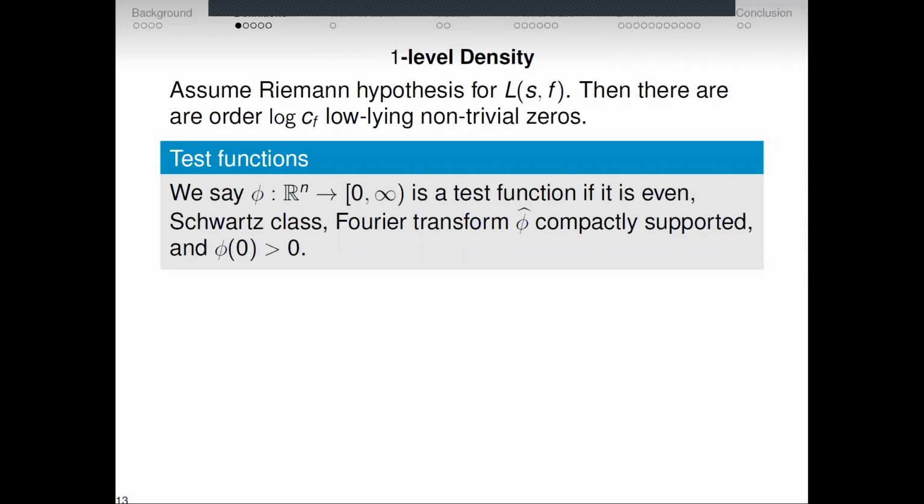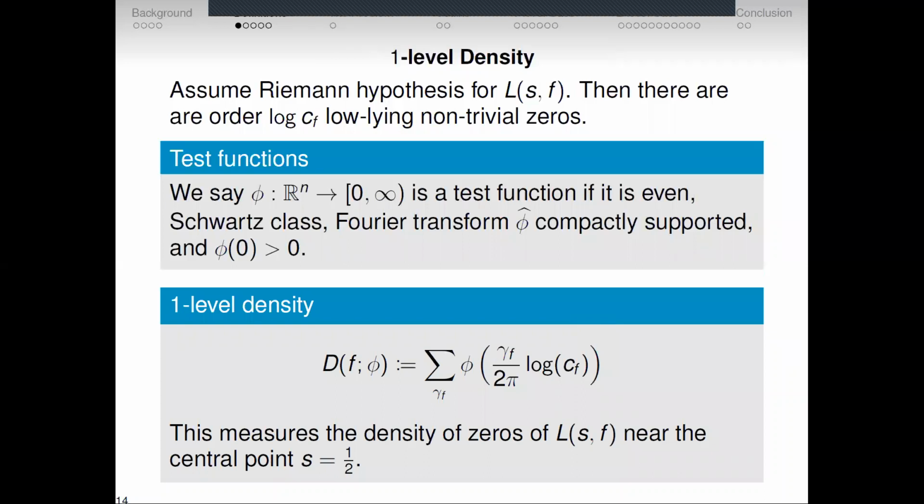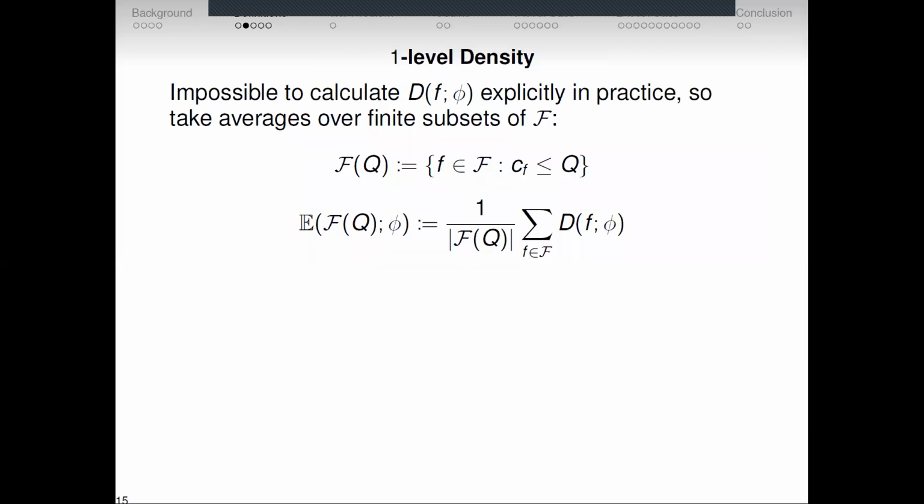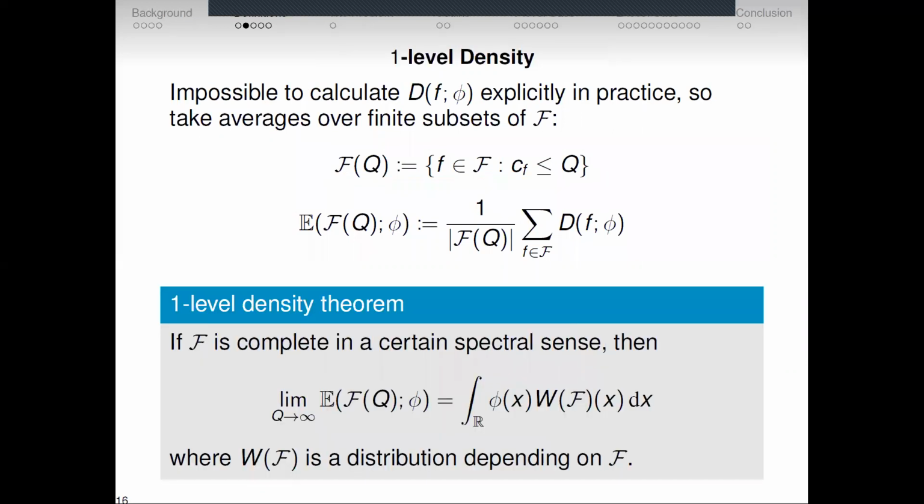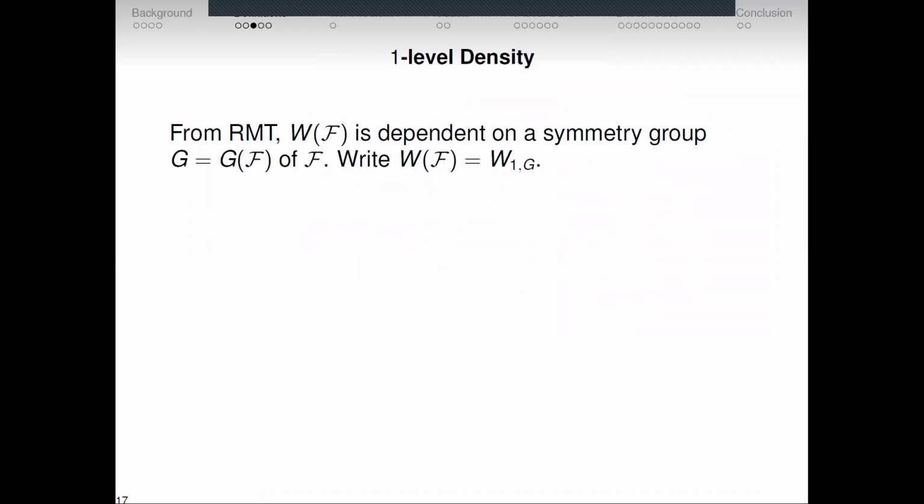Now, for one level, we know how to measure the density of zeros of L-functions of cuspidal automorphic forms F near 1/2. However, doing that in practice is a different story. Hence, we take averages over a finite subset of F and obtain the nice integral of phi against the test function, with W being a distribution depending on F. If families are nice in the same spectral sense, they converge.